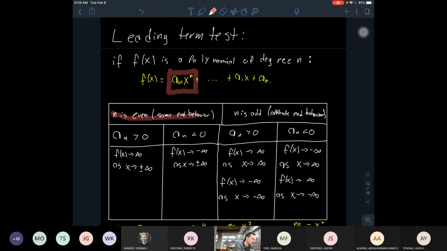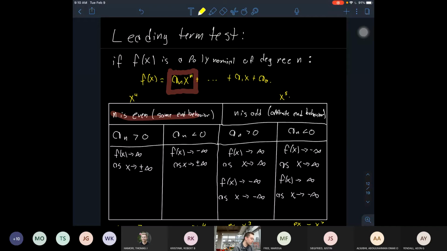If we have something like x to the fourth as the leading term, that would be an even degree, and something on the right side would be something like x to the fifth, which would be an odd degree.